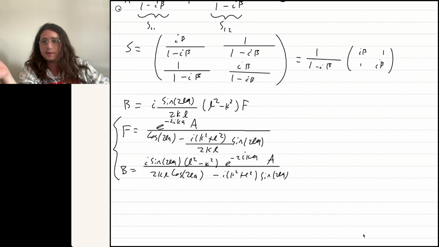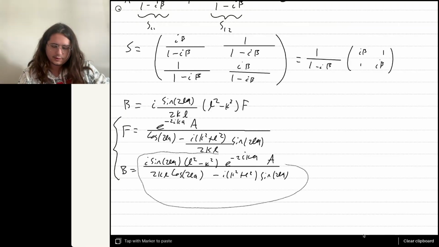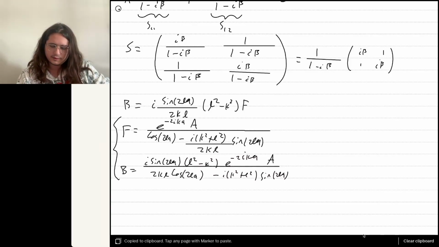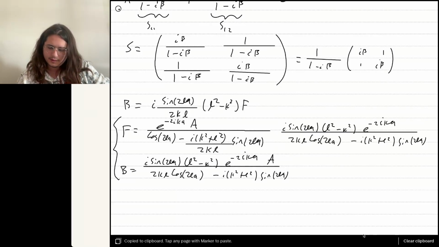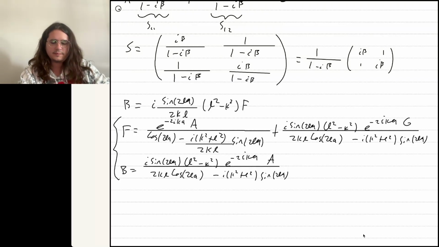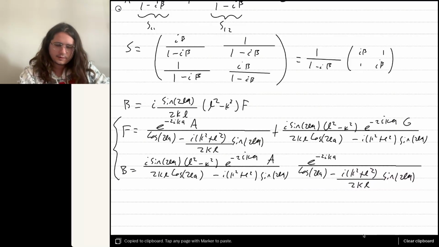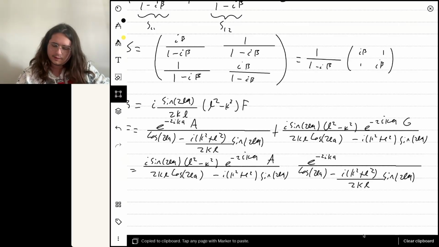But if you're scattering from the right, then you know that this coefficient that is multiplying A in the B equation has to be multiplying G in the first. So if you stick this guy here, but then you have it being multiplied by G, and also due to symmetry, this coefficient that's multiplying A in the F equation will now in the B equation be multiplying G. So just going to stick that there.